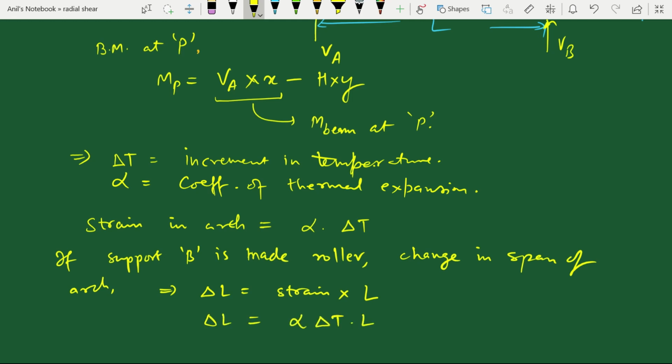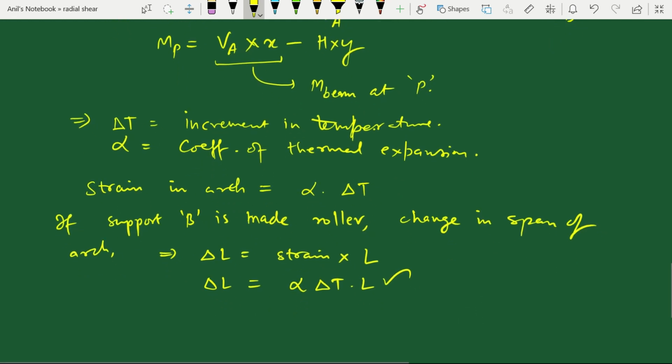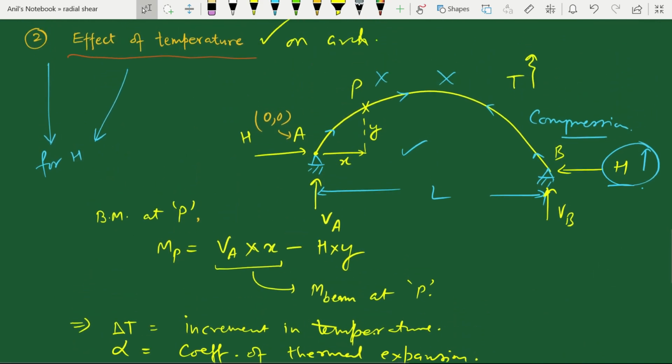So this is the change in length, and that is also equal to the horizontal displacement at B. So consider here, if B is made roller, then what will happen when temperature is increased? It is going to expand.